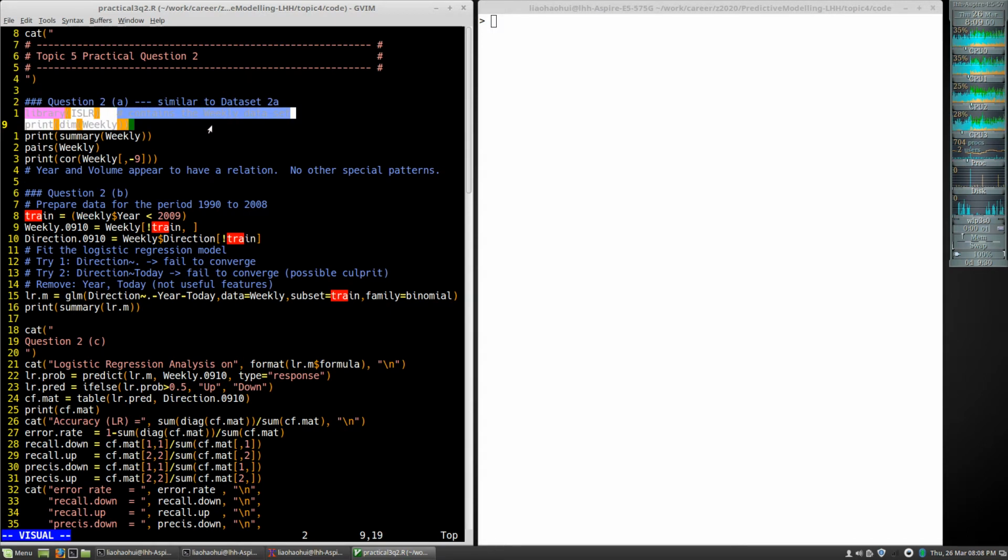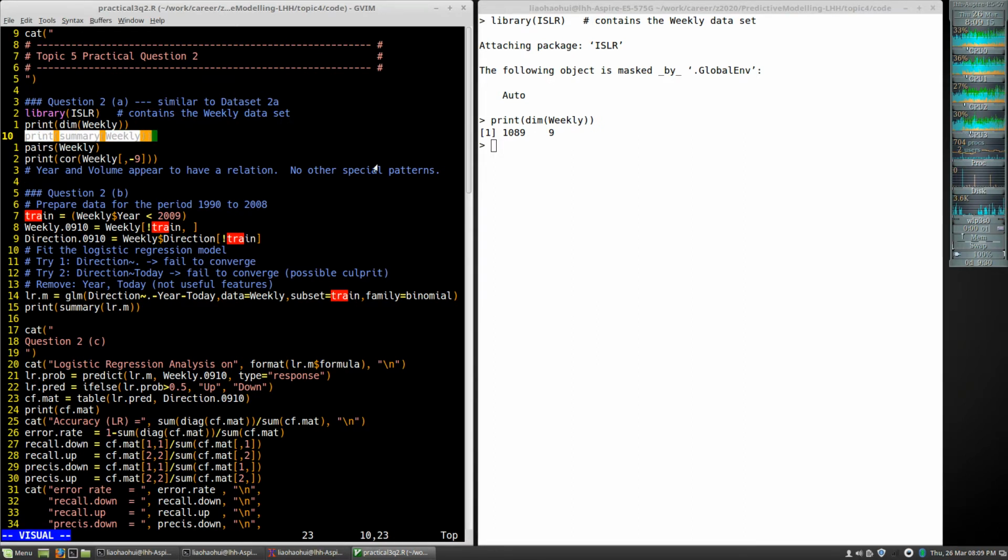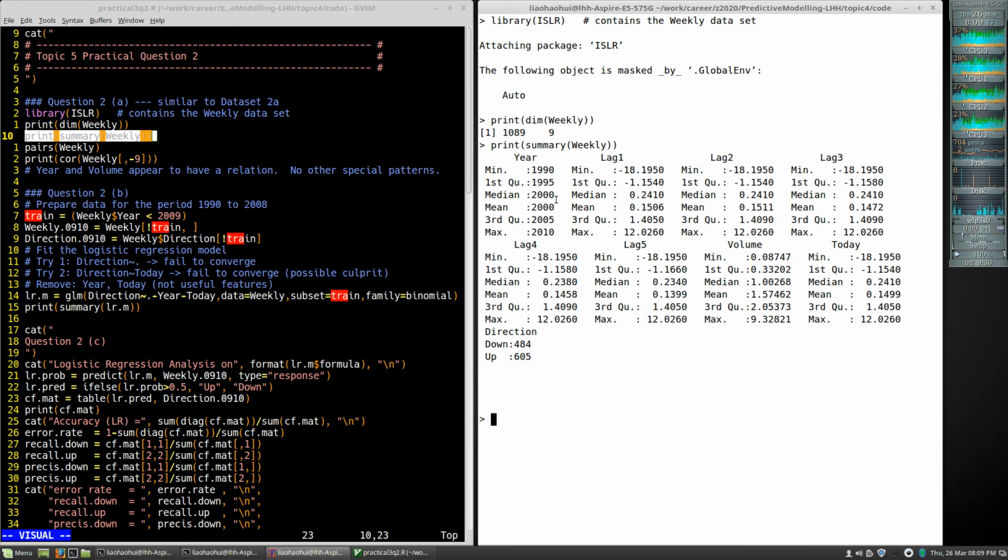As we can see, there are indeed 1089 rows and 9 columns. The summary tells us that Direction is categorical data, and the others are either integer or numeric data.